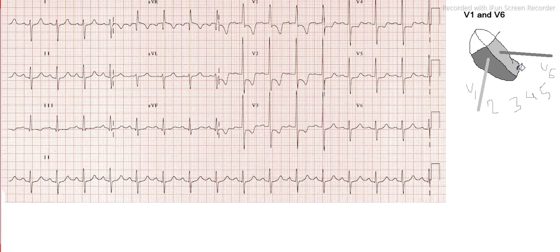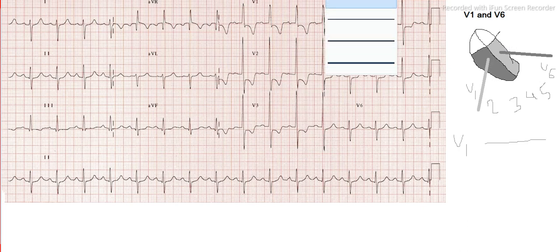Now in the normal case, I will draw a quick diagram. Suppose this is V1 and this is the isoelectric line. This is just a theoretical representation only. You see here, these are the individual vector representations, isn't it? This is the right ventricular depolarization, and this is the left ventricular depolarization.